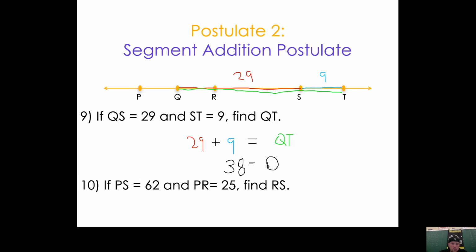That's the distance from Q to T. That's your segment addition postulate. Little plus little equals big. Now, this example gives you the length of the big. To find the length of the other little one, if you knew the other little one, you'd subtract.